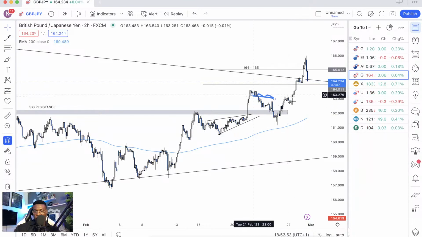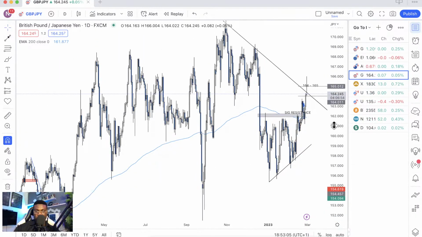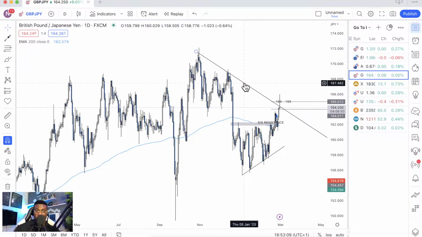So with GBP JPY, remember I told you that it's now trading below the daily resistance trend line. I'm just going to show that again. So this has served as a resistance trend line for the pound yen market since October 2022, right?